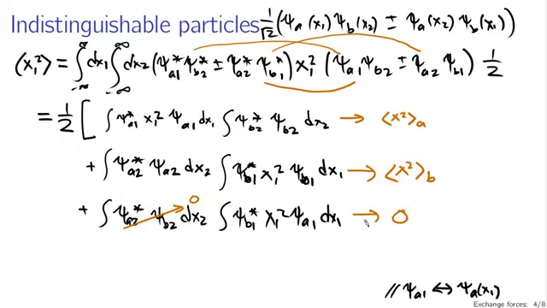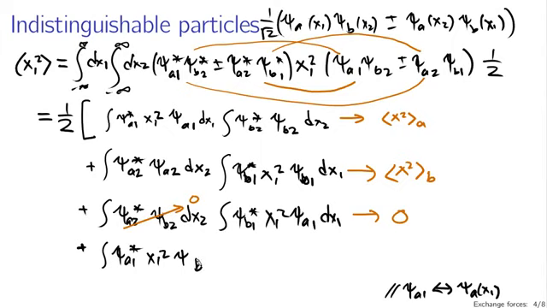This term goes to 0. The remaining terms, the fourth term, which comes from combining these two, is going to give us psi A1 star x1 squared psi B1.